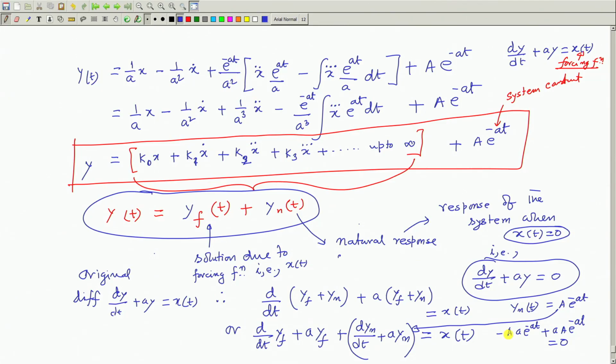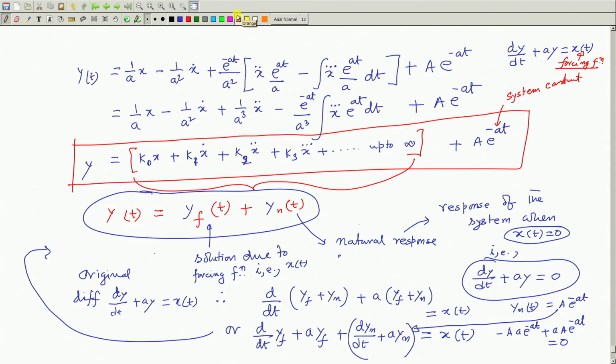Getting? Therefore, for the natural part of the solution, I am substituting the full solution. I find that the y n part will give rise to 0, and therefore, I will not go to the next page, because this is so important a conclusion. Let me use some other color.